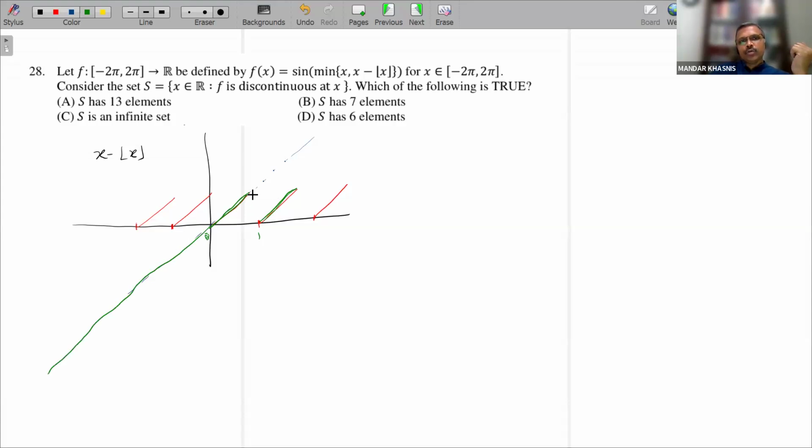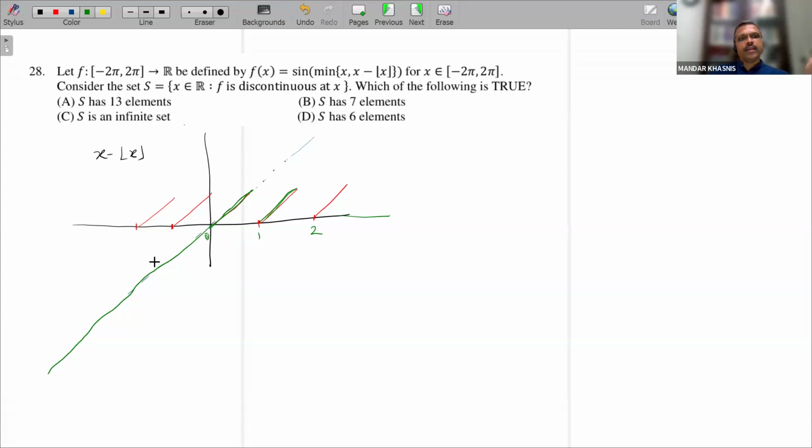Understand? So up to 1, sine has no problem. Then we just have to check between 0 and 2 pi, how many such integers are there? And that is 6. So the answer is S has 6 elements, at exactly 6 points. Because up to 1 there is no issue.